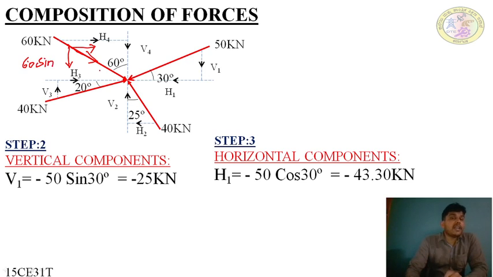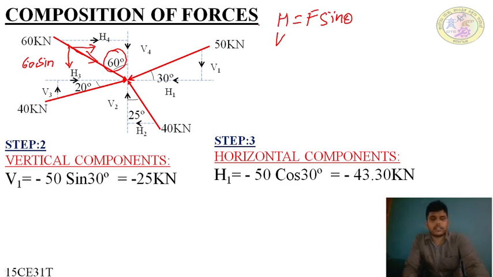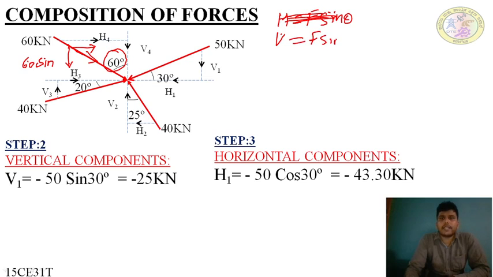The angle we are taking now is very important. Here there is 60 degrees, but as per the definition of horizontal and vertical components, the vertical component is F sin theta and the horizontal component is F cos theta, where theta is with respect to x.